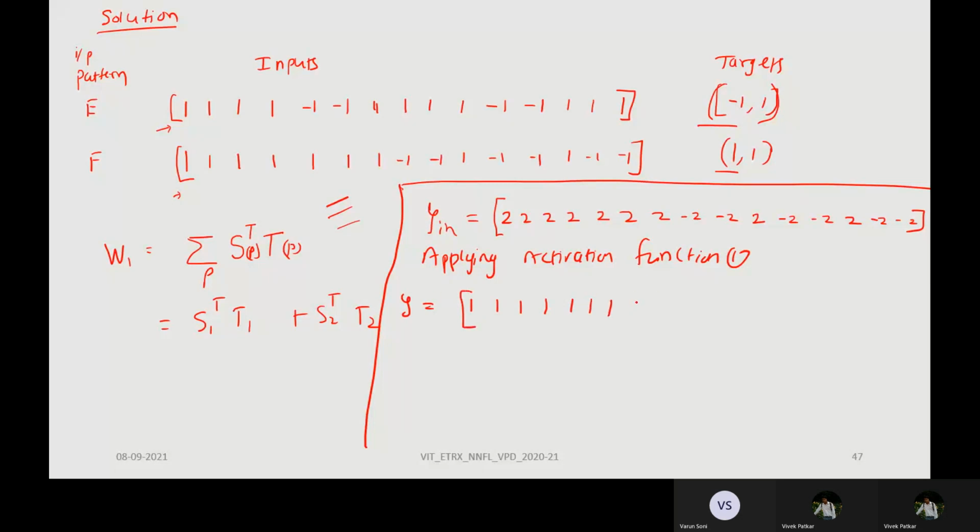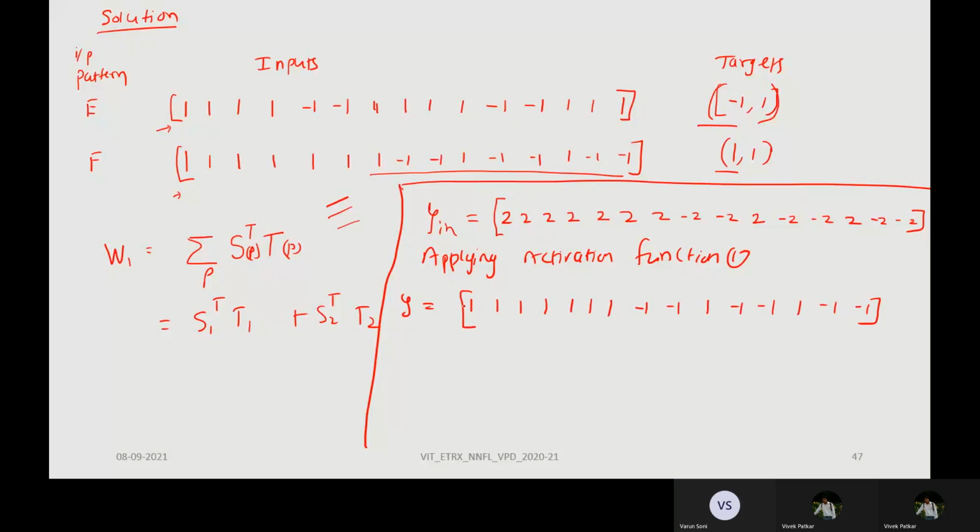And after that, 2 times minus 1, then 1, then 2 times minus 1, then 1, then 2 times minus 1. This is the same as this pattern, right?